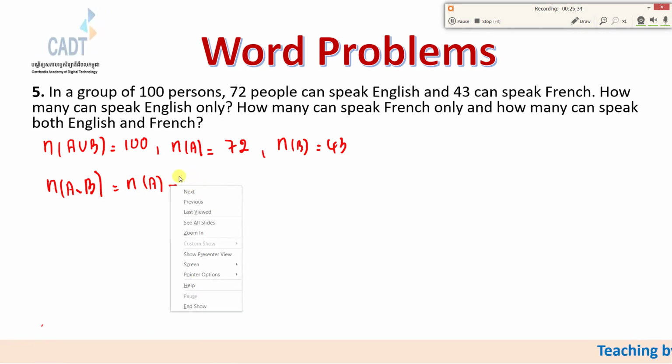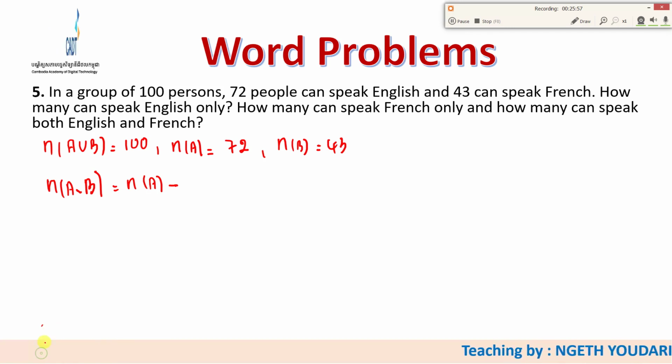A minus B is equal to A intersection with the complement of B. So we should expand this one. Sorry.